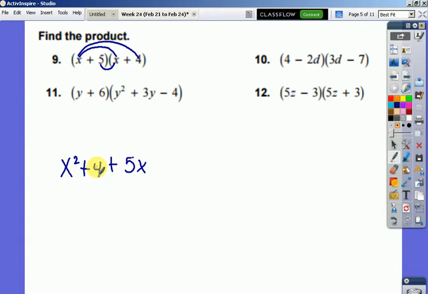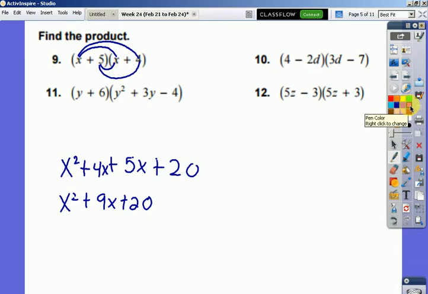And this should be a plus 4x. And then we do our last, which is 5 and 4, which is 20. We combine our two middle terms. We get x squared plus 9x plus 20. Number 10. Same thing. Distributive property, FOIL, whatever helps you.